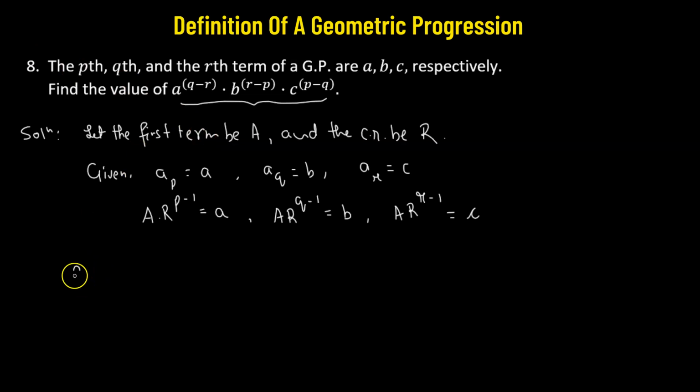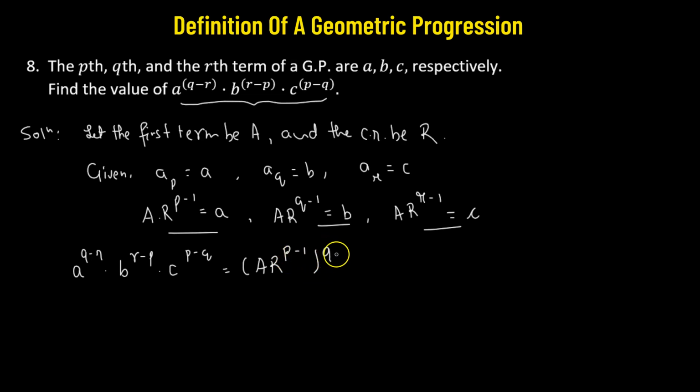So to find out the value of a raised to the power of Q minus R times b raised to the power of R minus P times c raised to the power of P minus Q, we will use these particular values, these three values. So in place of little a or lowercase a, we have A times R raised to the power of P minus 1 whole raised to the power of Q minus R, multiplied to b.